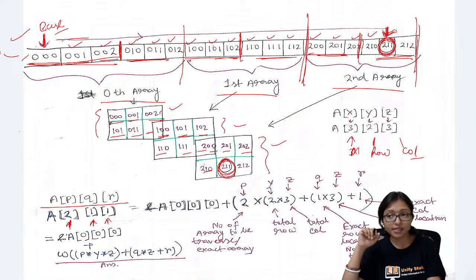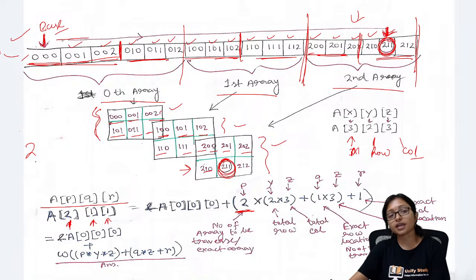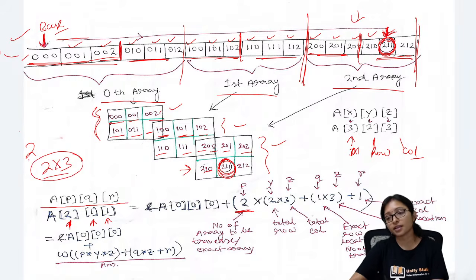How am I getting this 16? Actually before reaching this matrix, I am traversing a total of 2 matrices. In each matrix, how many rows and how many columns are there? In each matrix, 2 rows and 3 columns are there.